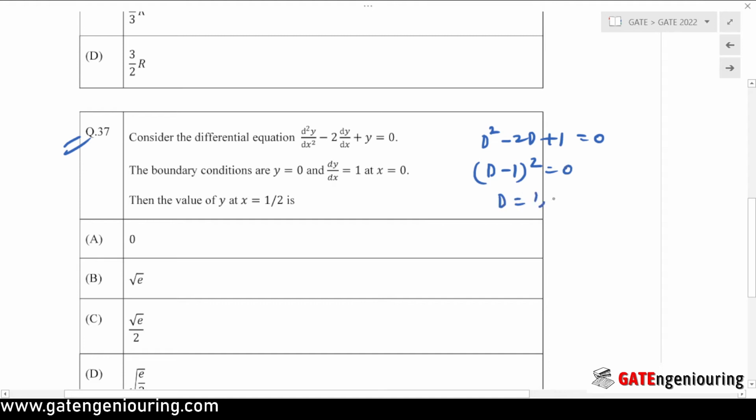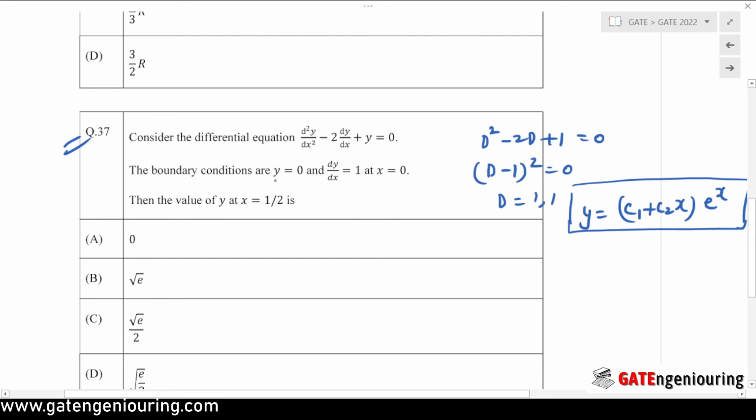So from here D is equal to 1 and 1. So both roots are the same. So I can say that y is equal to (c1 plus c2 x) e power x. Okay, so this is the solution of this particular differential equation.